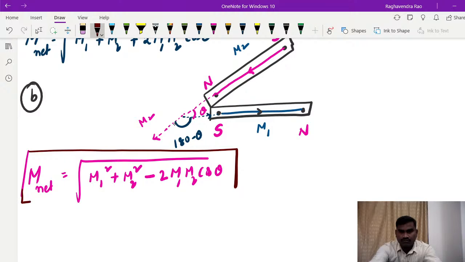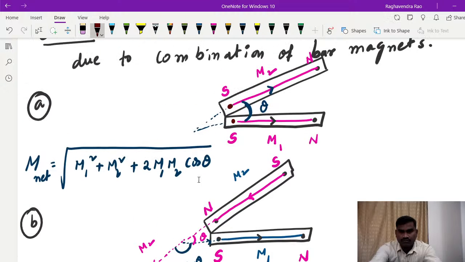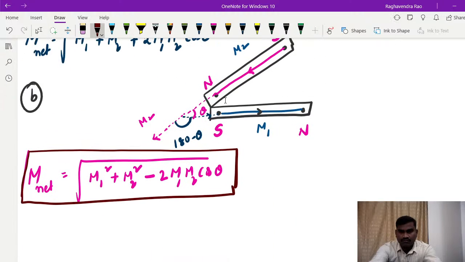So simply as we changed the poles of a bar magnet, the expression has changed. In the earlier case it is plus 2 M1 M2 cos theta, tail and tail. Here it is reversed, so it became minus because of the angle 180 minus theta. So we always need to find the angle between the two tails of the vectors.